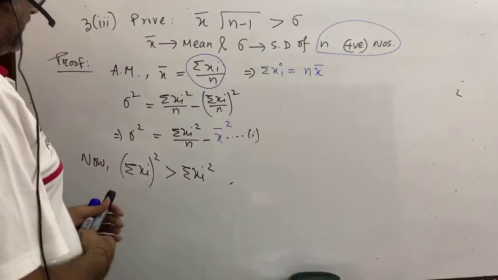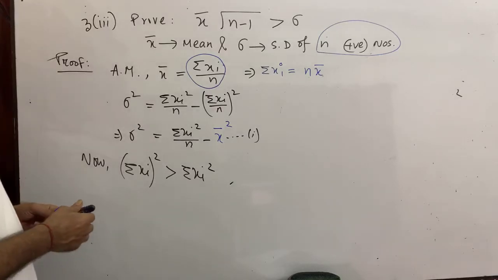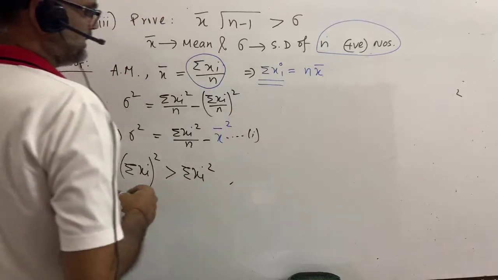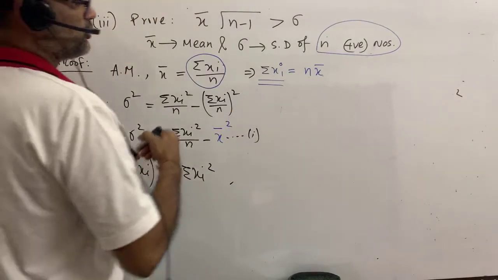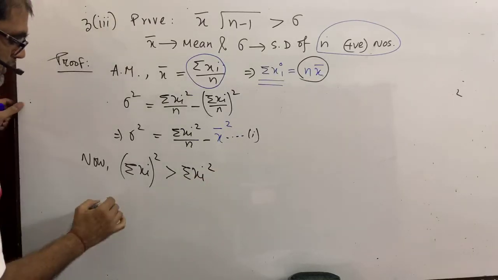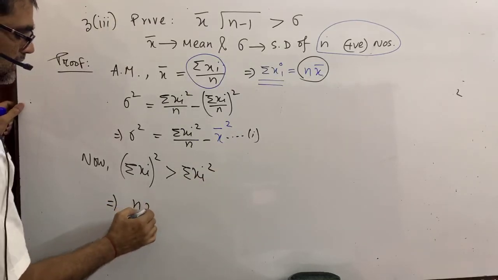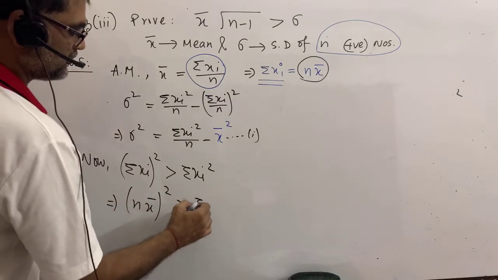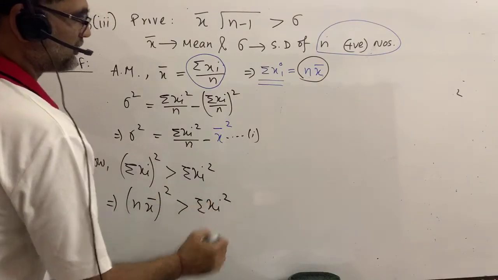Now here, what is summation xi? The value of summation xi is equal to what? N x bar. Have you seen? Write down n x bar whole square is greater than summation xi square.